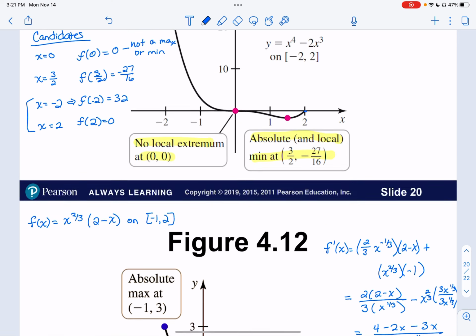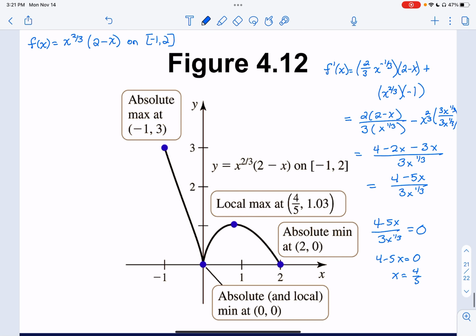Notice I can also look at where this denominator is 0, because then the derivative is not going to exist. So when 3x to the 1/3 equals 0 is another critical point. So x equal to 0 is another candidate.